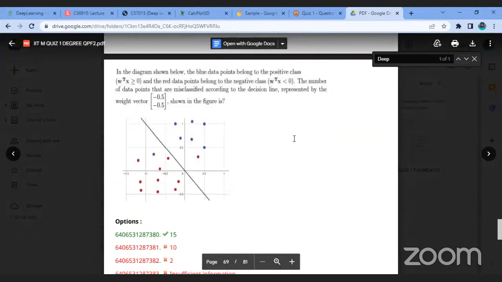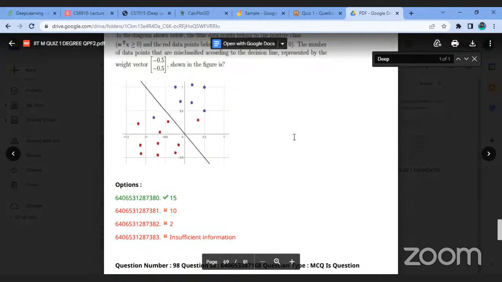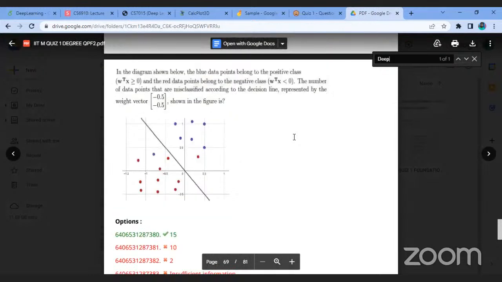So in this question, we have given the weight factors minus 0.5 and minus 0.5, and we have to classify how many misclassified points are there. Now, if you see this red dot in the first quadrant, I know that my X and Y both are going to be positive.